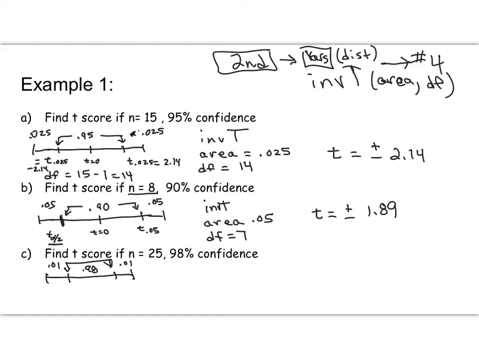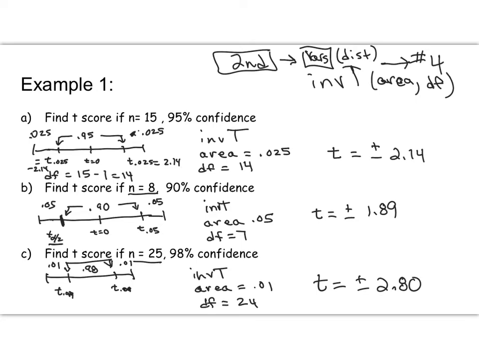So this would be t.01 and this would be t.99. Okay, so inverse t, area is 0.01, and our degrees of freedom are 25 minus 1, so 24. And I end up with t equals plus or minus 2.80 when I round.